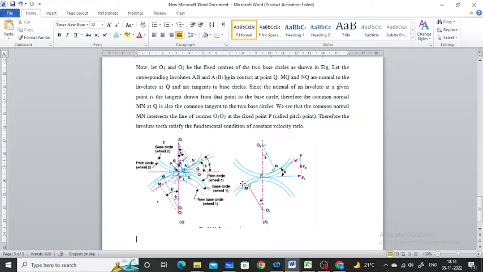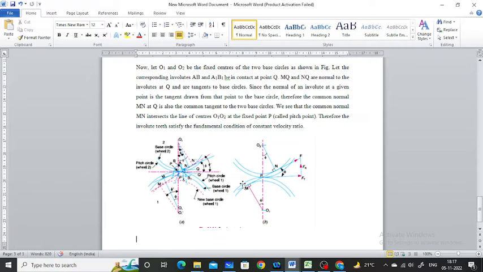Let the corresponding involutes AB and A1B1 be in contact at point Q. MQ and NQ are the normals to the involute at Q and are tangent to the base circles. Since the normal of an involute at a given point is the tangent drawn from that point to the base circle, therefore the common normal MN at Q is also the common tangent to the base circles.